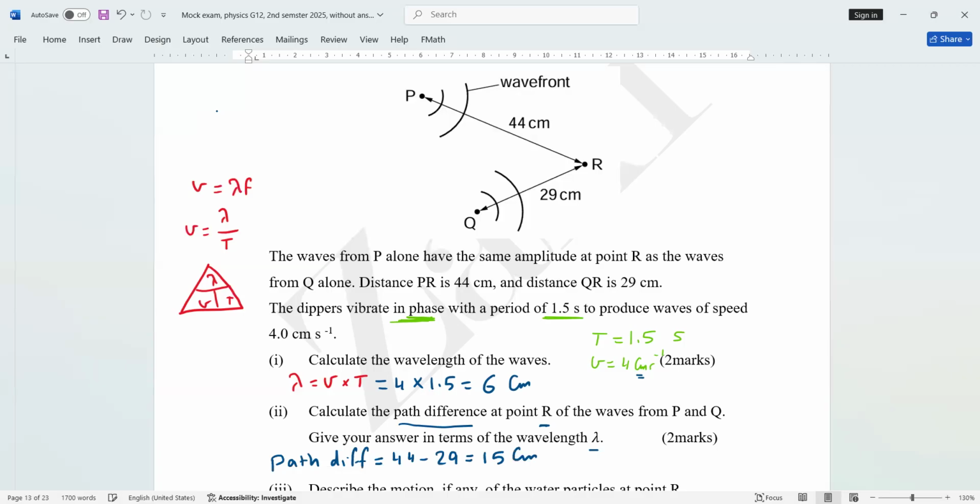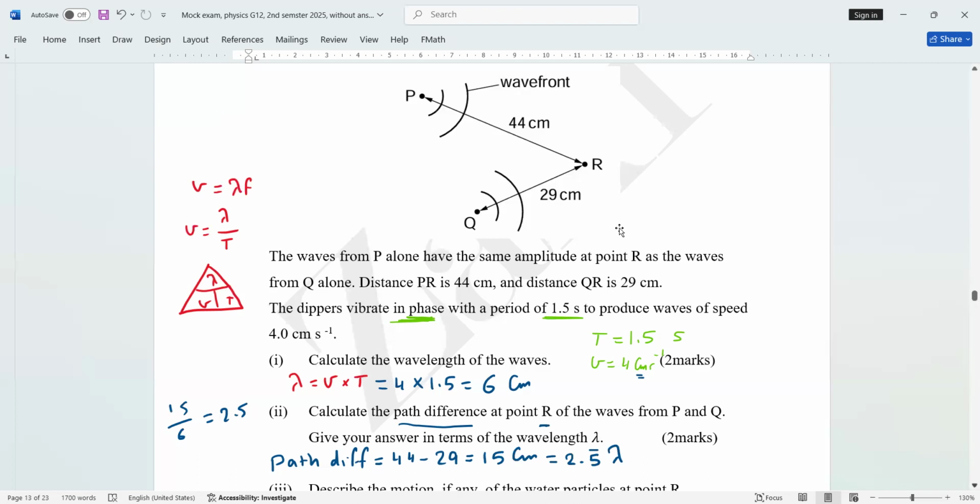Now, if we divide 15 by 6, where 6 is the length of one lambda, it is 2.5. So we write here 15 centimeter is 2.5 lambda. So this is the path difference in terms of lambda.